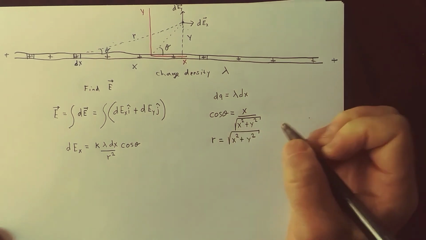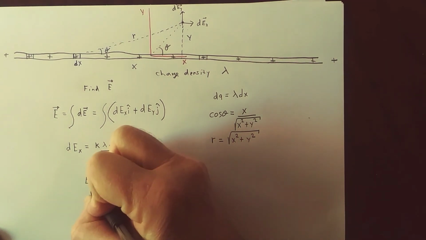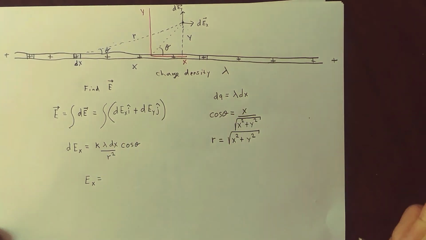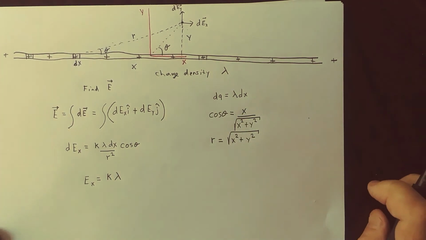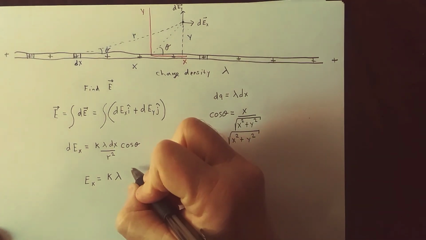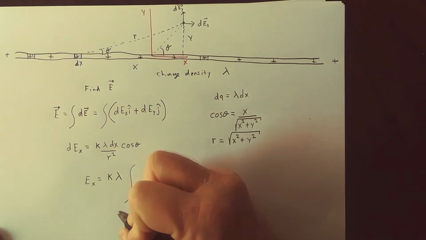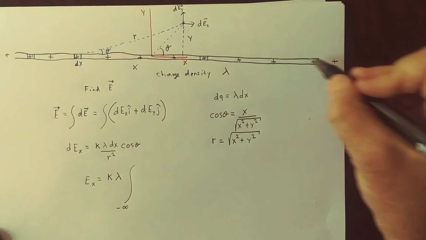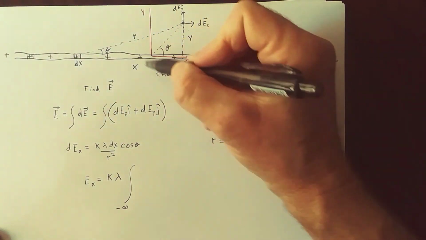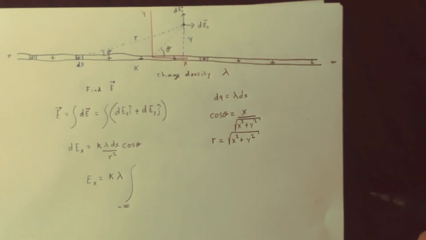And so we can put this all into one integral and get that the x component of the electric field is k times lambda. These are constants, so we can pull them out of the integral, and we're going to integrate in x, so we have to go from x equals minus infinity, all the way over there, to all the way over there. Each little piece contributes, and we're integrating from the pieces that exist all the way over there at minus infinity in the x direction, all the way to plus infinity to the right.